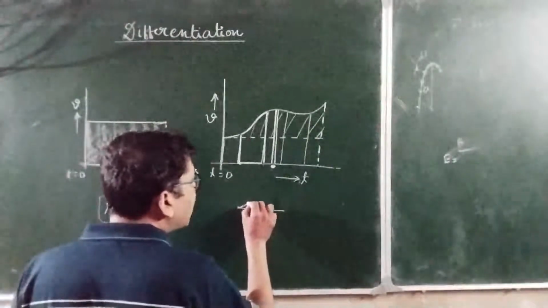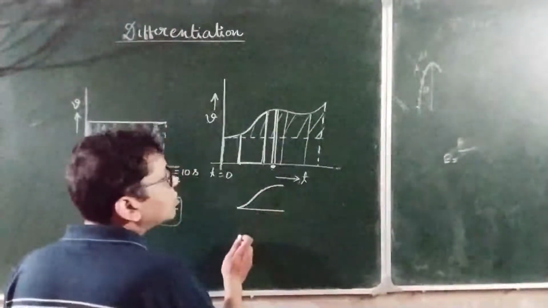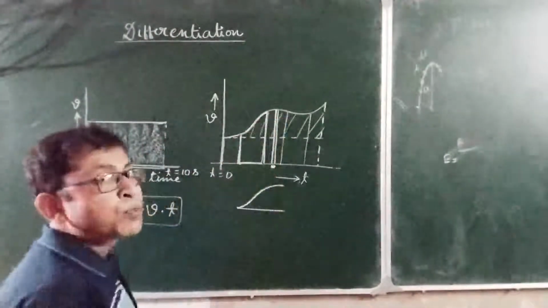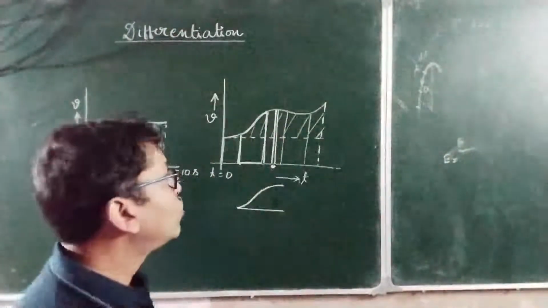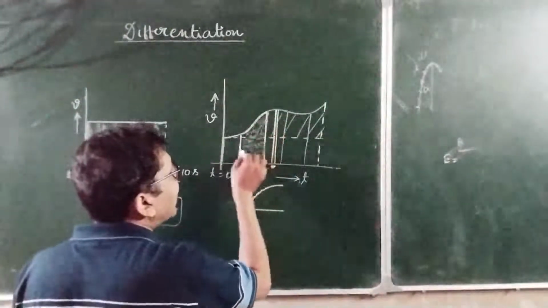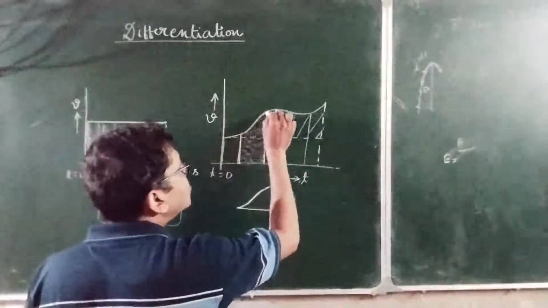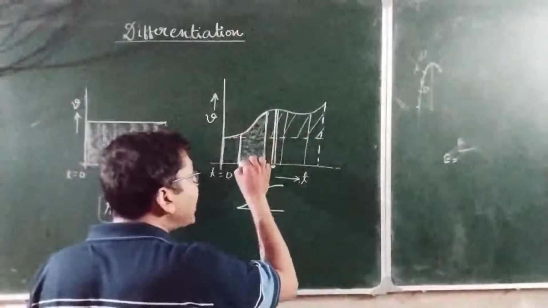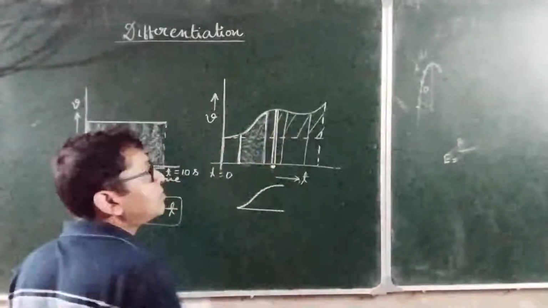Instead, this is a curvature. So this part obstructs me from taking this section as a rectangle. Since this is not flat, we cannot take this as a rectangle.